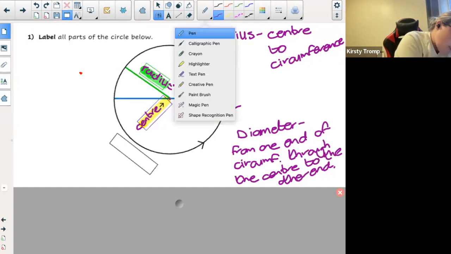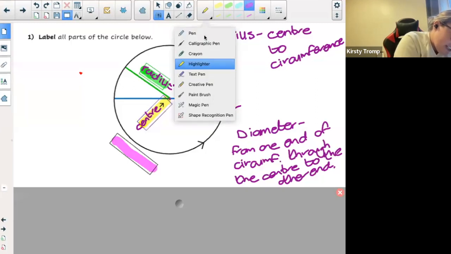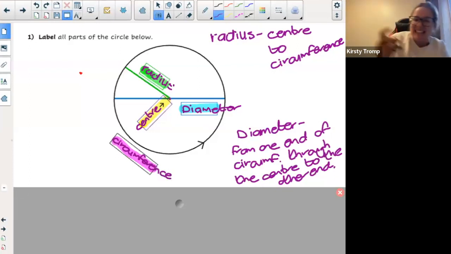That one was so easy. Do you want to help me out with the last one, the one that's missing? What's this fancy one on the outside called? It's a very long, fancy word. It's the circumference. Amazing. Well done. What's it the fancy word for? What's the outside of a shape normally called?